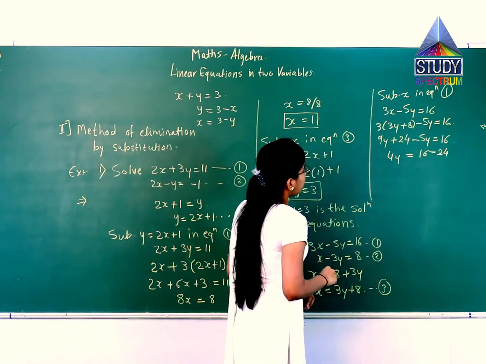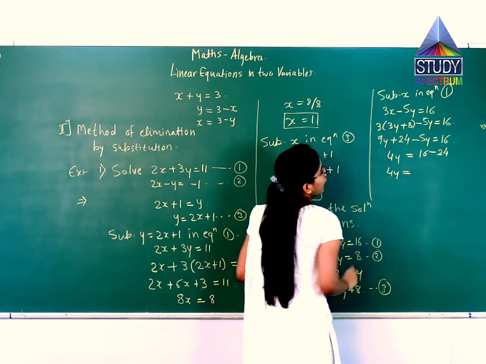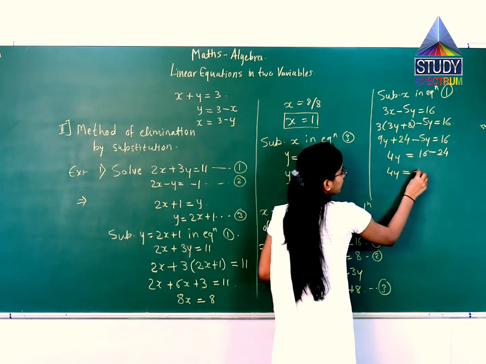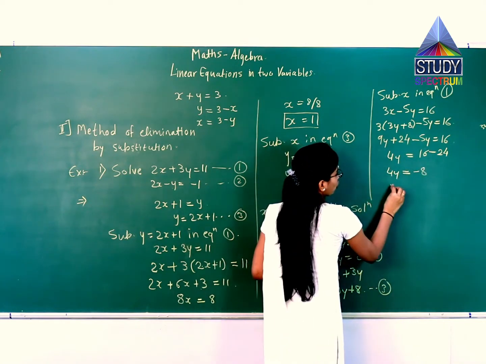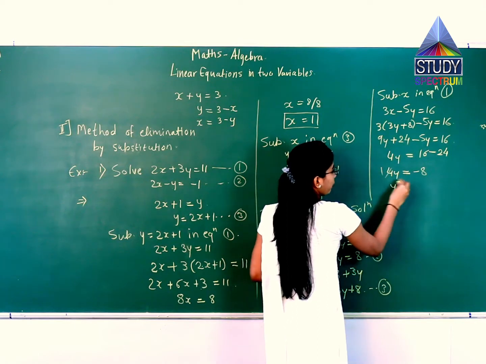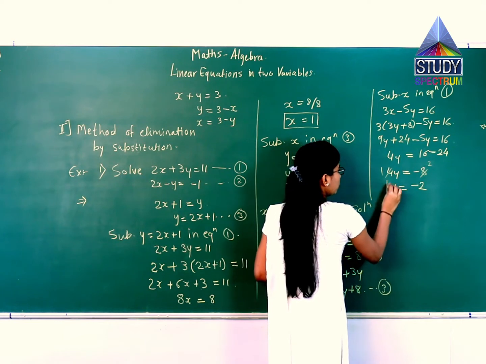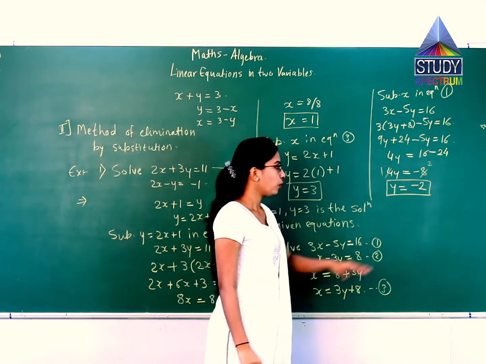So now you can see 4y is equal to, after subtraction, you will get 8 here, but it will be minus since we are subtracting a bigger number. So y will be, 4 1s are 4, 4 2s are 8, so minus 2 here is the value of y.